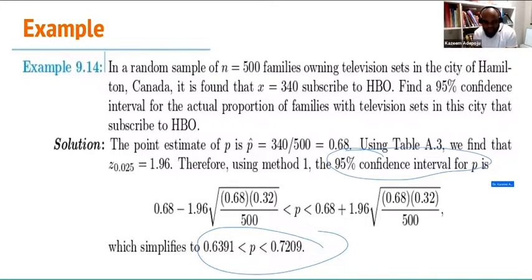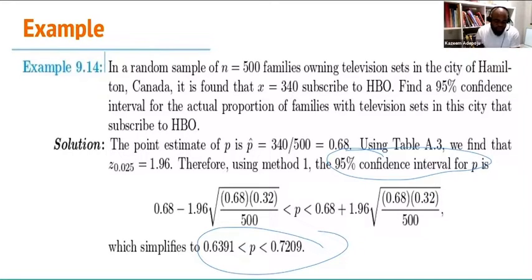Okay, now if you want to interpret the result right now, you need to take into consideration the level of confidence given. Now, this is going to be interpreted as, we are 95% confident that the true proportion, the actual proportion of families with a television set in the city, is going to lie between 63.91% and 72.09%.